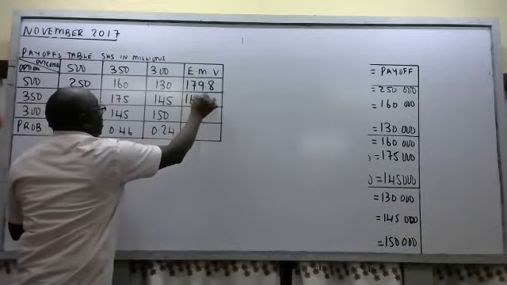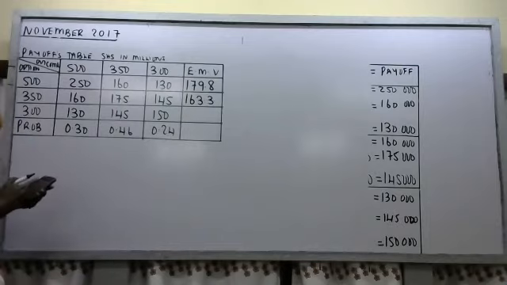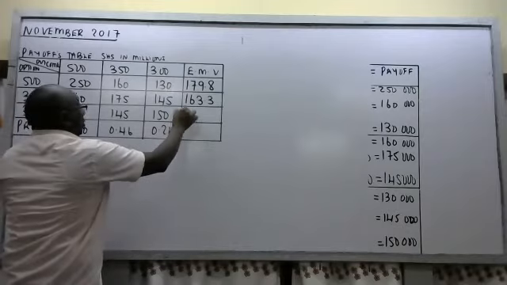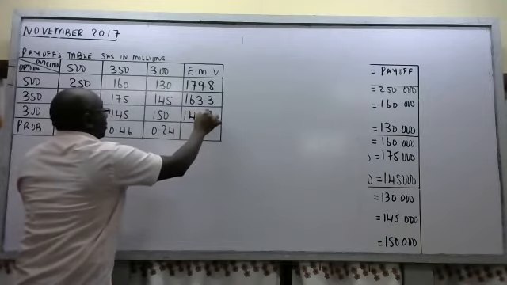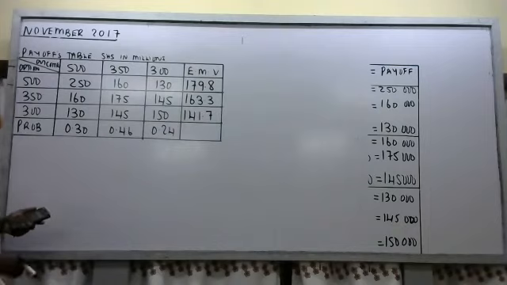I'm getting 163.3. Then 130 times 0.3 plus 145 times 0.46 plus 150 times 0.24 is 141.7.